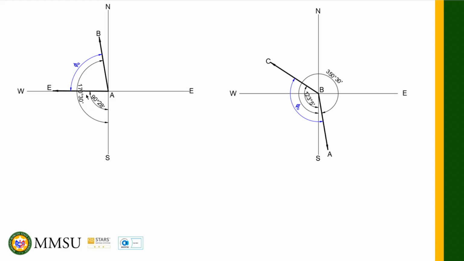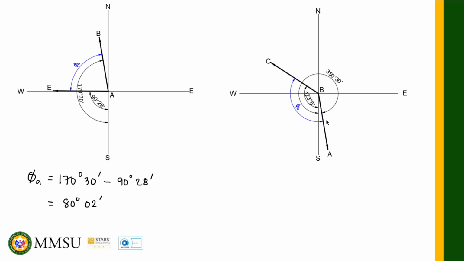We just subtract these two azimuths and we come up with the interior angle phi sub A. So phi sub A is equal to 170 degrees 30 minutes minus 90 degrees 28 minutes, so phi sub A is 80 degrees 02 minutes. That's the angle to the right at station A.